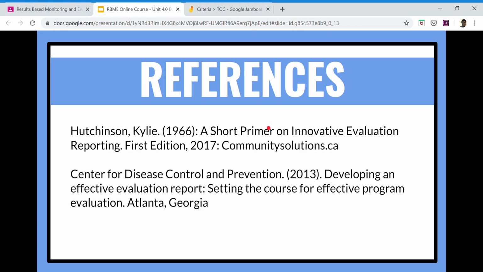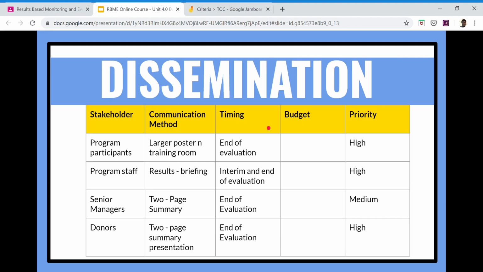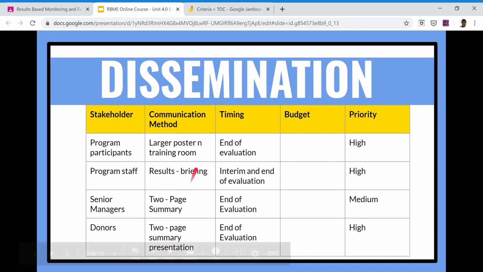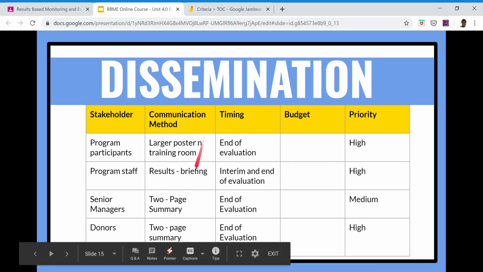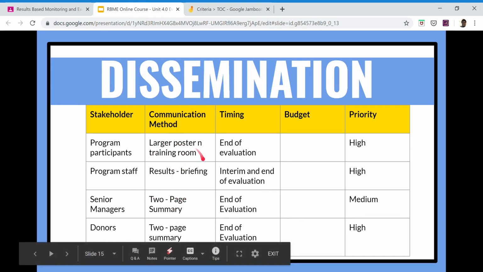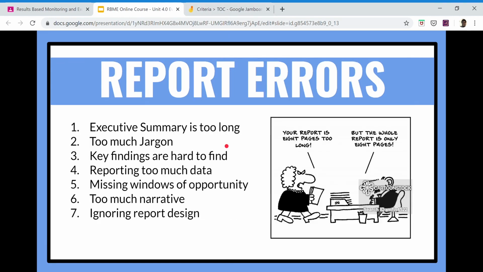You could disseminate your information in several ways, which is what we showed you on the matrix. It means there are some stakeholders you can even do videos for, right? You can even do cartoon illustrations, and a whole lot more. So you're becoming innovative about reporting findings from an evaluation, which is very important.